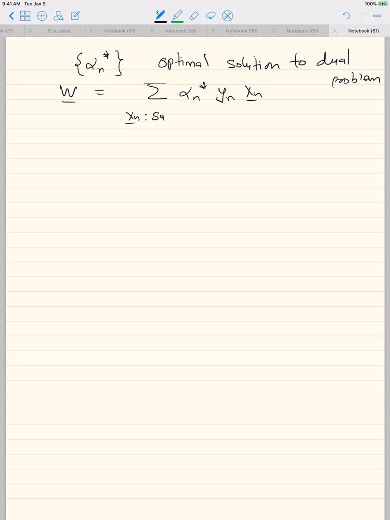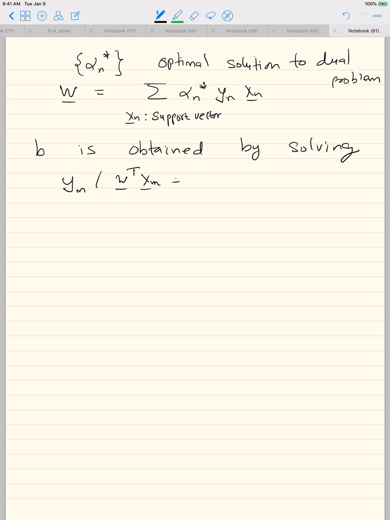So we saw this last lecture. And B, the bias term, is obtained by solving ym (W transpose xm plus b) equals 1 for a support vector xm.